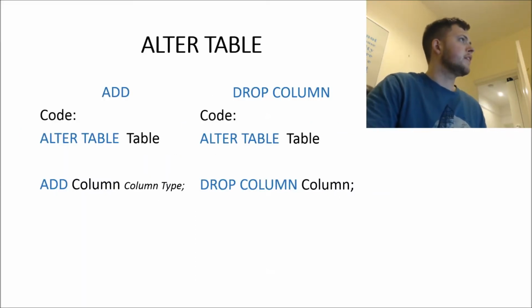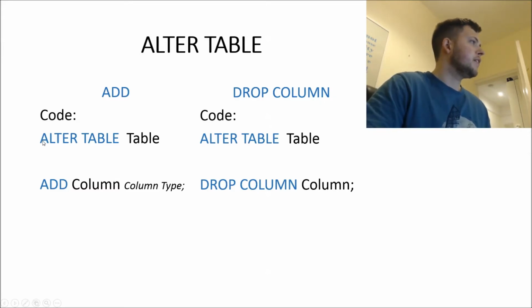This is it here. It's the alter table command, and the left is adding a column and the right is deleting a column. So we're going to use the add command to add a column, and the drop column command, which deletes a column.